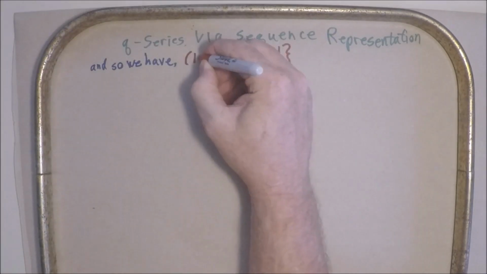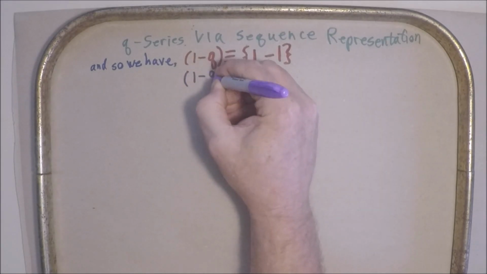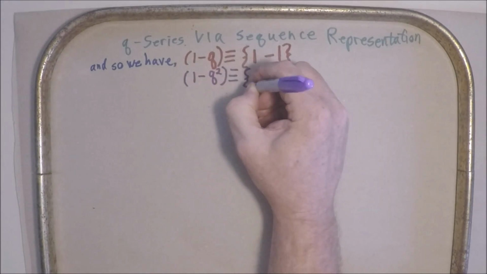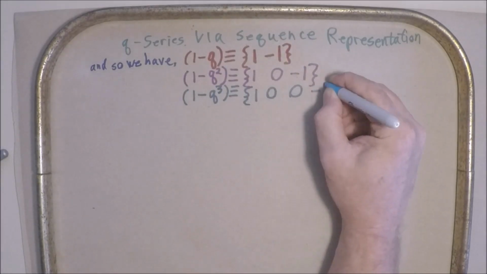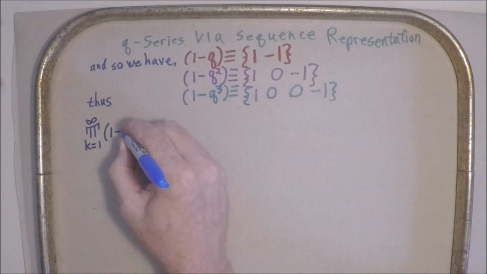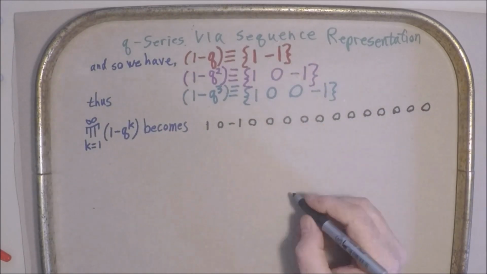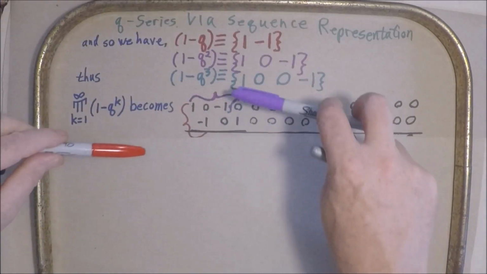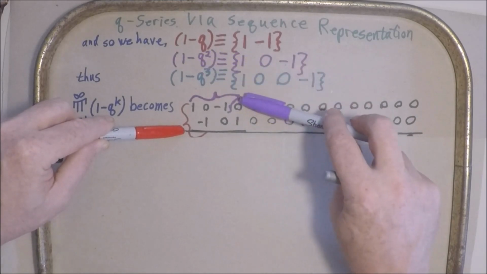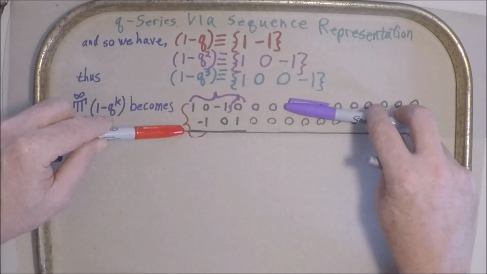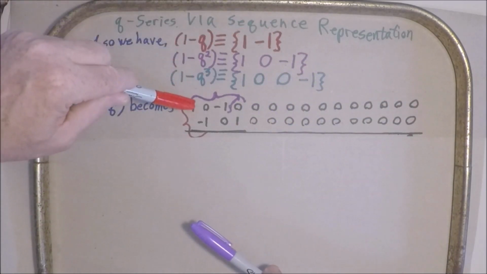Okay, so all we're doing here is for each term of the product writing out the coefficients, but instead of the q's and an exponent, we're going to take the value of the exponent and just put a -1 at that location in the sequence. So where a -1 appears is indicative of the exponent. So notice that the order is backwards. The 1 minus q squared factor is listed first, and then the 1 minus q sequence.